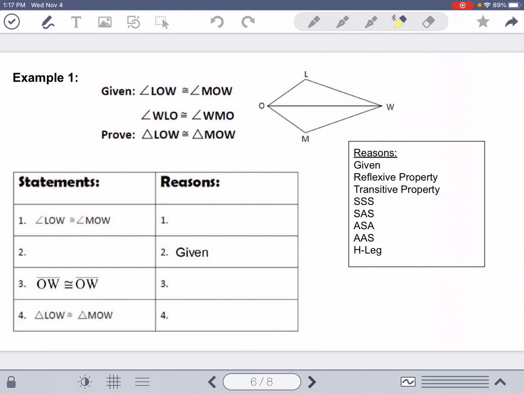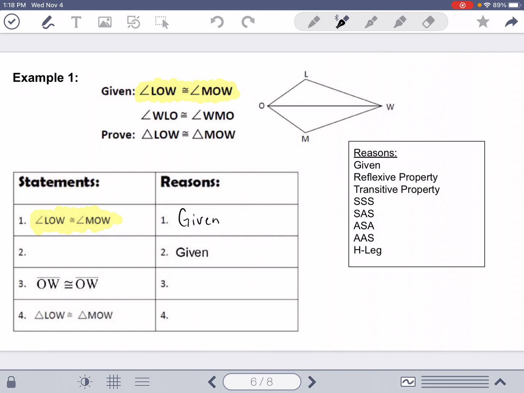So the first thing we want to look at is our statement. Did it come from some given information? Why, yes, it did. Right there. So for the first reason, we would write given. Now, in the second place, we don't have a statement, but we have the reason.